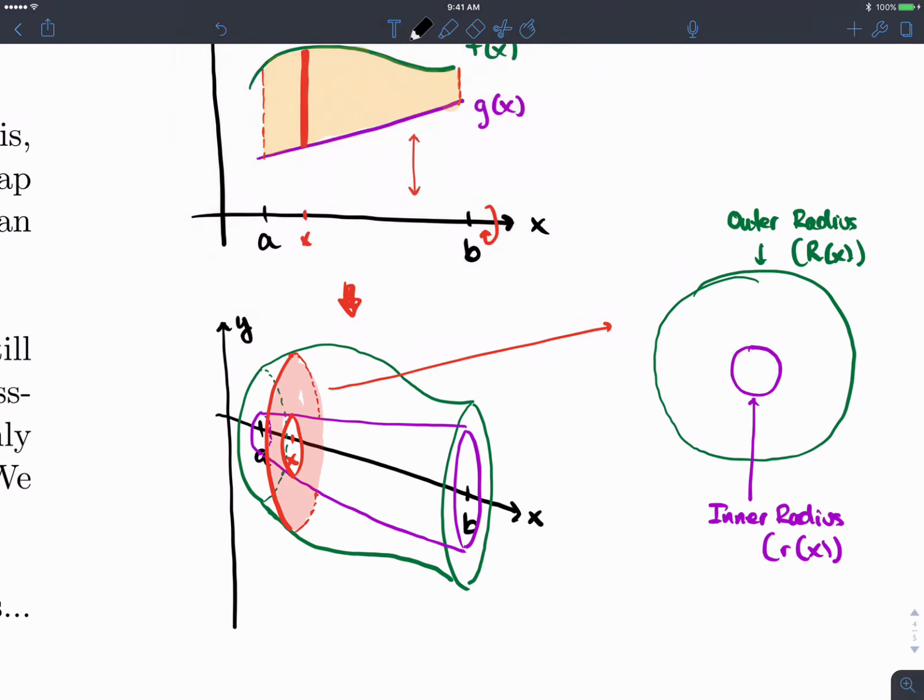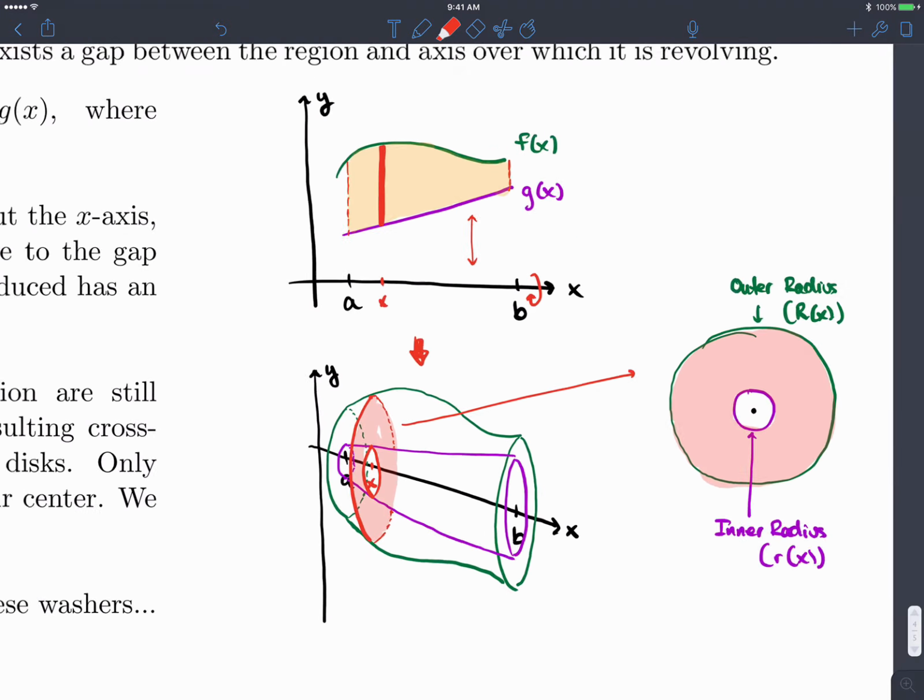And then, of course, right in the middle is our axis of rotation. Again, what we're interested in calculating is the area of the actual surface of the washer, because if we can generalize that, then that will give us a means, using the definite integral, to find the volume.